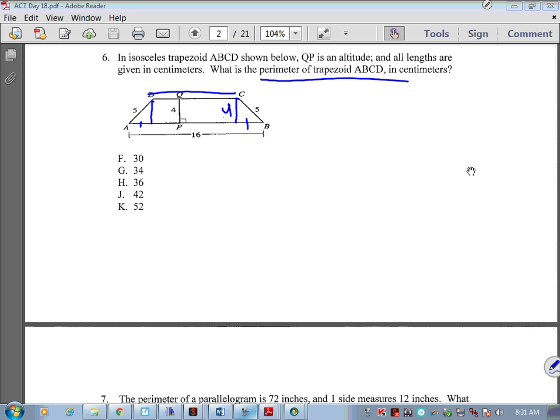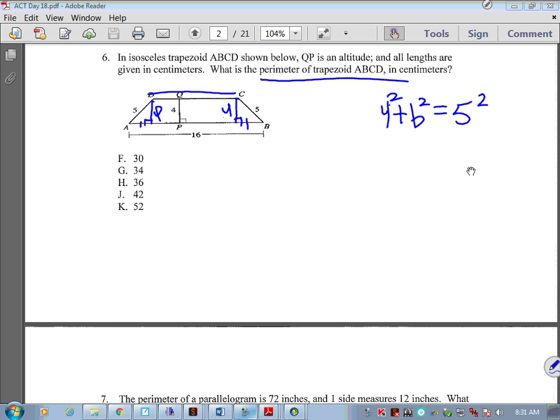Well, what's handy about this is that if I know my Pythagorean triples, and these are forming right triangles, then I'm going to have what type of triangle? A 3, 4, 5 right triangle. Now you could use the Pythagorean theorem and do 4 squared plus b squared equals 5 squared because we know that 5 is our hypotenuse.